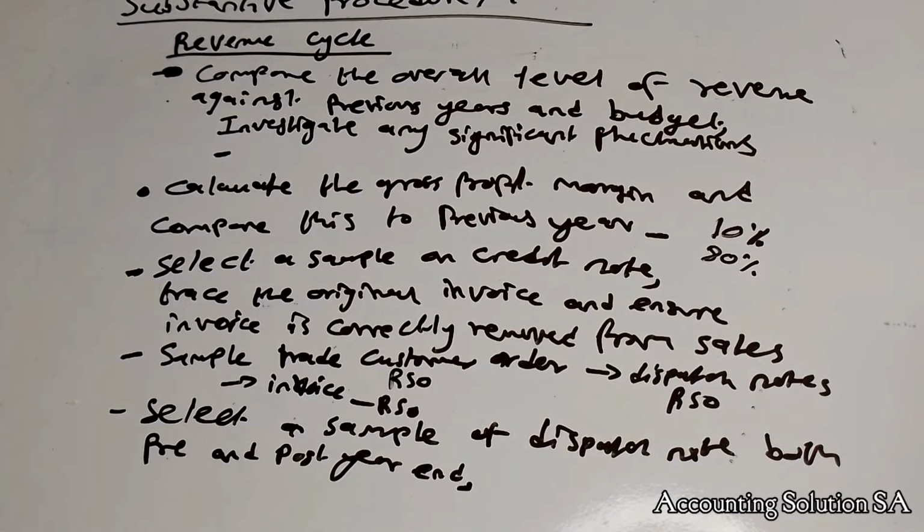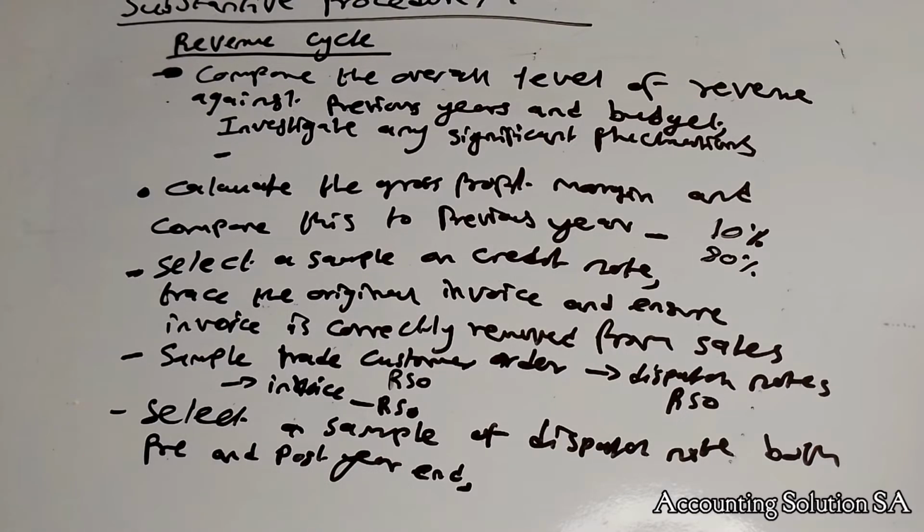Then after that, you have to follow this through to the sales invoice in the correct accounting period to ensure that the cutoff has been correctly applied. So you need to check a sample of dispatch notes together with what? Together with invoices for the prior year and for the current year.